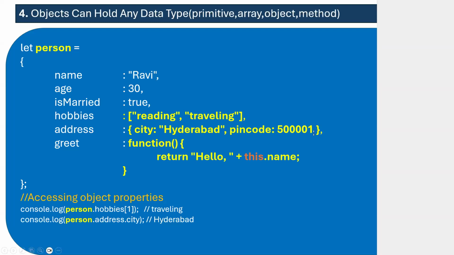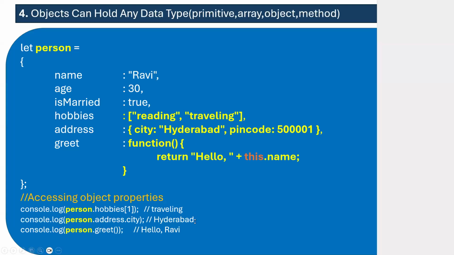Again, in location, I have a latitude and a longitude. Yesterday we discussed that. Now tell me, guys, how can I access latitude? Person dot address dot location dot latitude. Nice. You understood, right? Dot is nothing but nested. You can go deeper into any object.